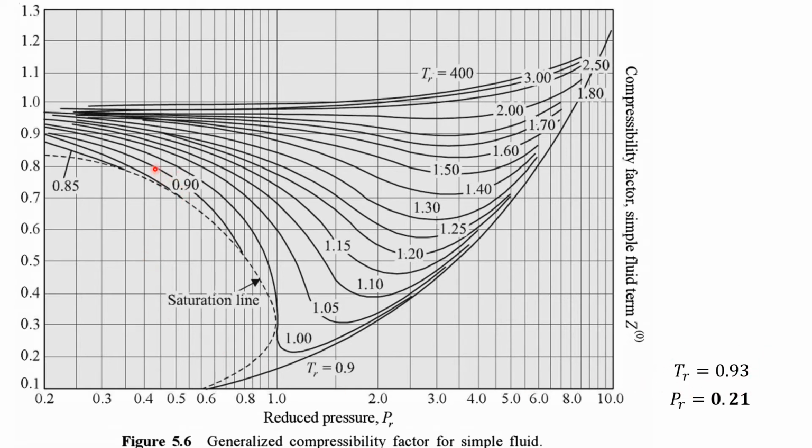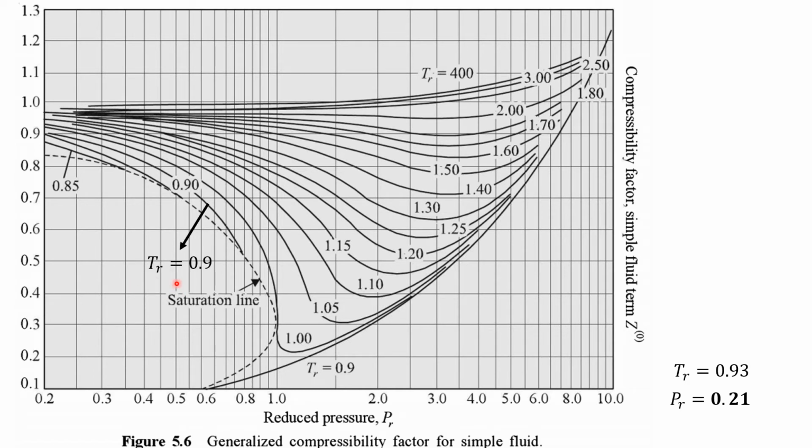So this line corresponds to 0.9 and above this line corresponds to Tr equal to 1. So Tr equal to 0.93 will be a little bit higher than this Tr equal to 0.9.